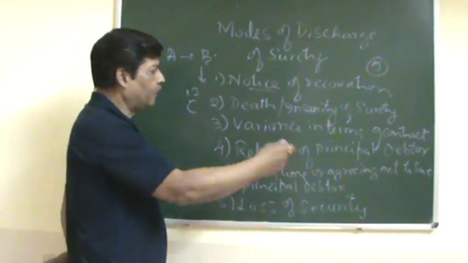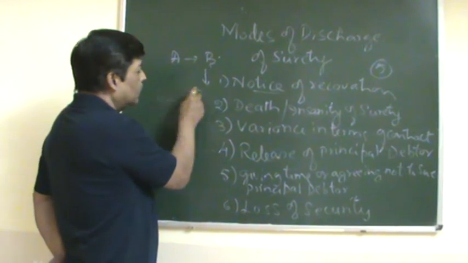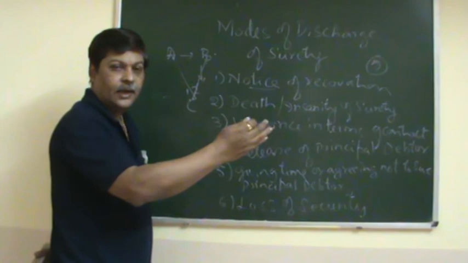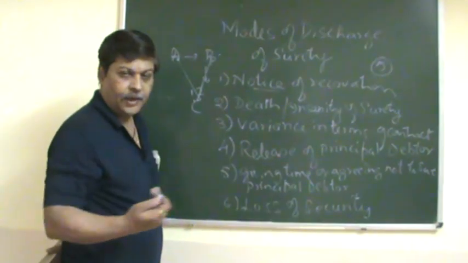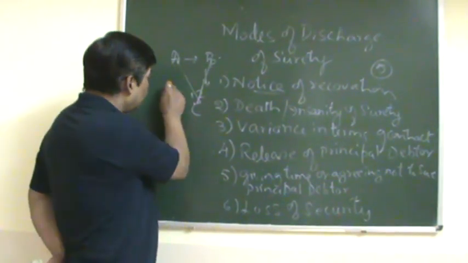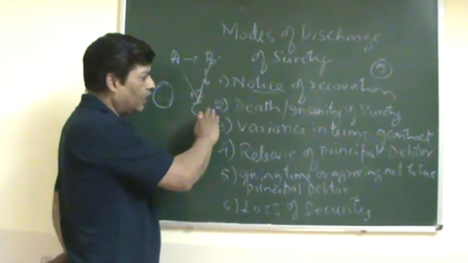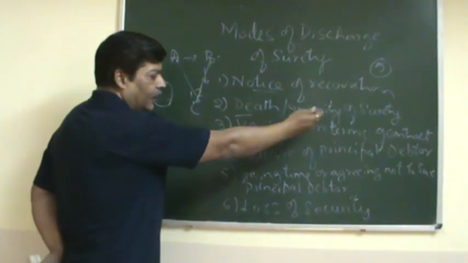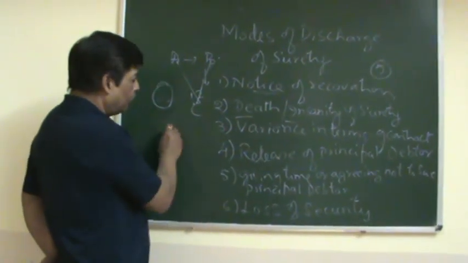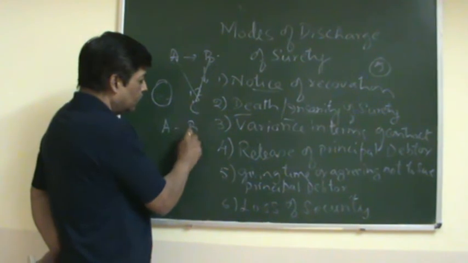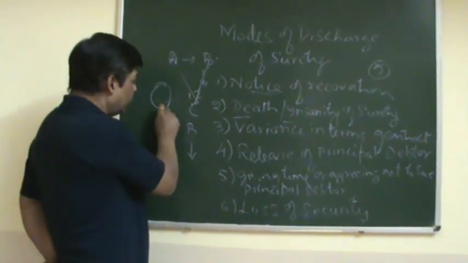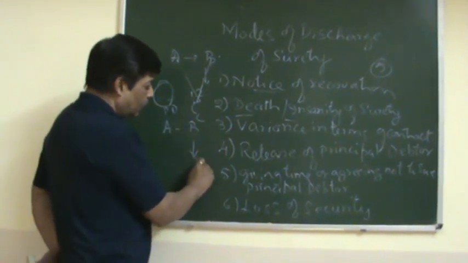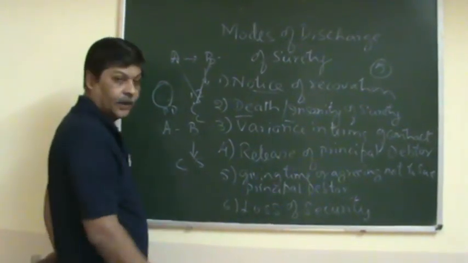Every month he should pay that. Now after 6 months, C sends the letter of revocation to both, saying that he has revoked his suretyship. So up to 6 months the surety is liable, not for the future transactions. Such examples you can give. Next, variance: for example, A, B, C, the transaction is there. A is the principal debtor, B is the creditor, and C is the surety.